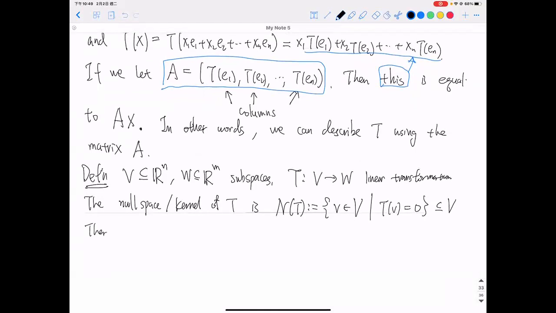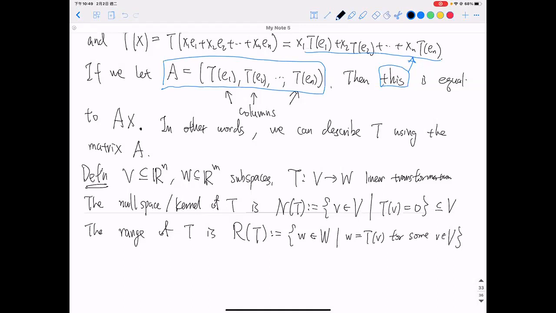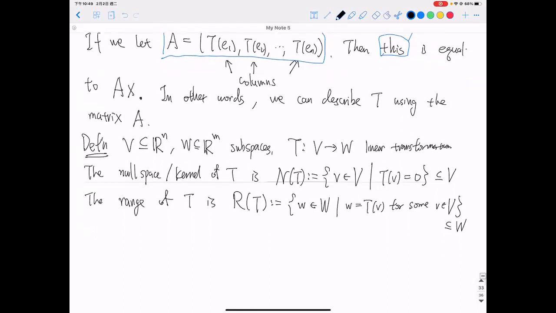The range of T is denoted by R of T, which is defined to be the collection of vectors W in W so that W is equal to T of V for some V in V. And this is by definition a subset of W. Okay.